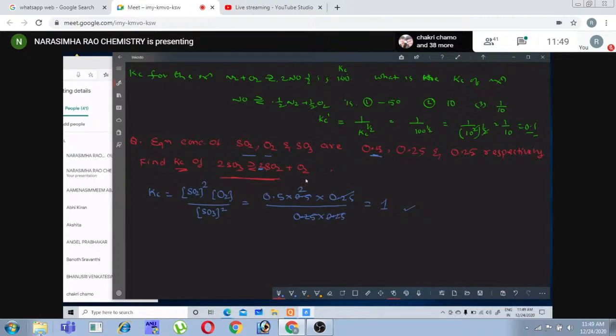Okay? If they asked for units, the concentration square cancels and concentration will remain, meaning 1 mole per liter. Children, understand how to solve the problem.